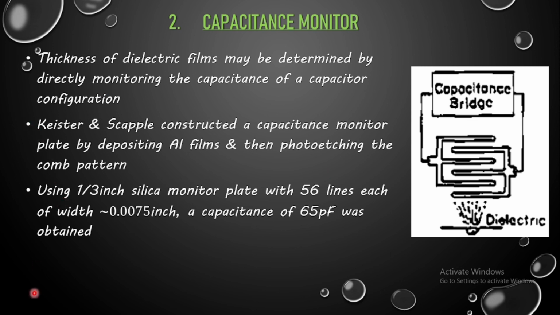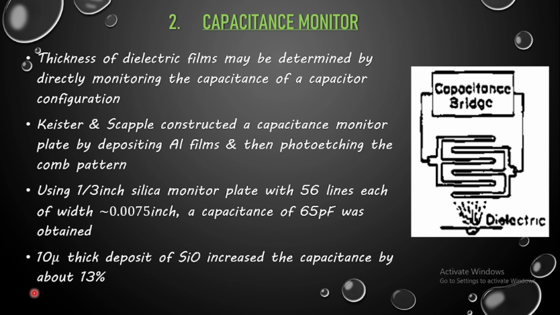And with respect to the difference in thicknesses, the capacitance values were also going to change. That is, a 10 micron thick deposit of silicon oxide increased the capacitance of the film by about 13%, which is again significant. So by this it is clear that with respect to thickness, obviously the capacitance is also going to change. That's why it is used in order to measure the thickness of the film which is deposited.